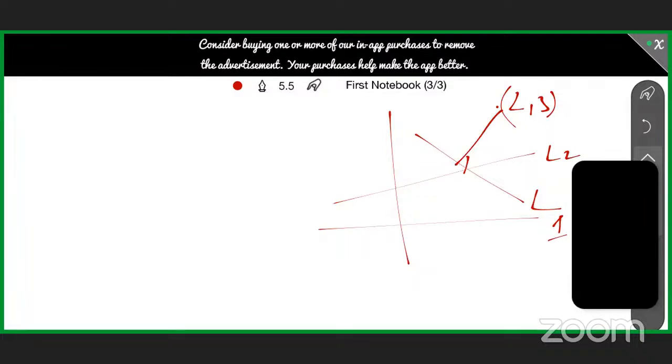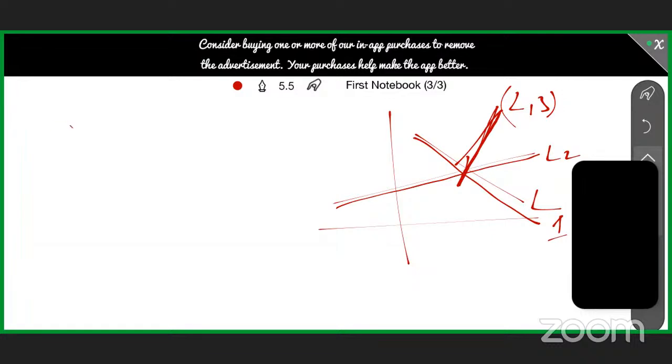But now what they're telling is not like that. I have to find the distance of this point with reference to both the lines, L1 and L2. For that reason, I am finding the point of intersection. This point of intersection is joining both the lines, L1 and L2. So from there, I'm finding the distance of the given point with both the lines. Correct?